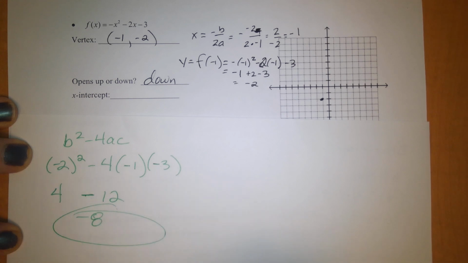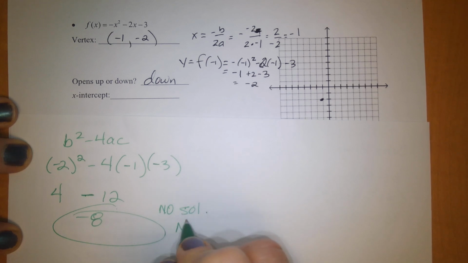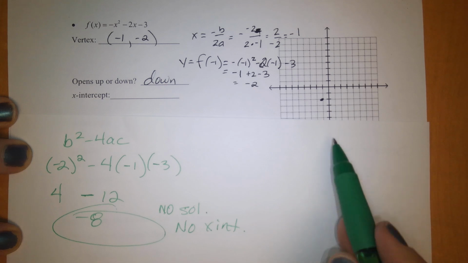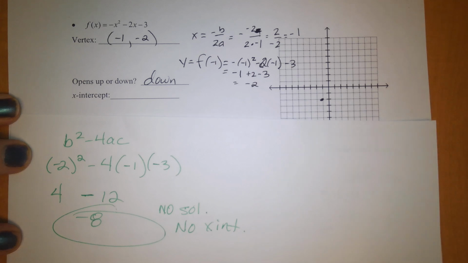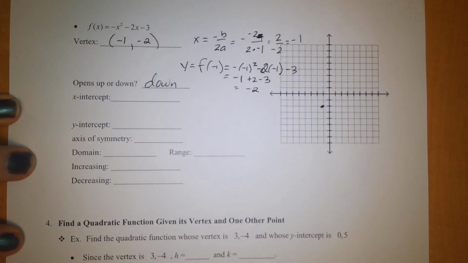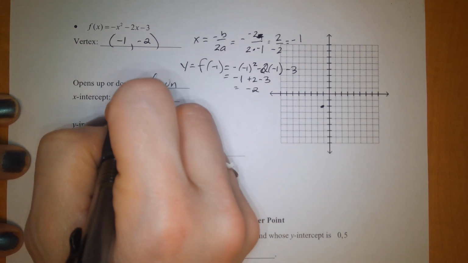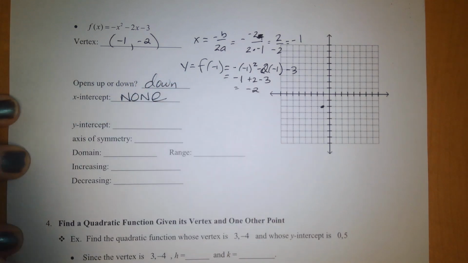And since this is a negative number, that means I have no real solutions, which means no real x-intercepts. And that was indicative of the graph that opens down. It is obvious it will never touch the x-axis. So we will have no x-intercepts.